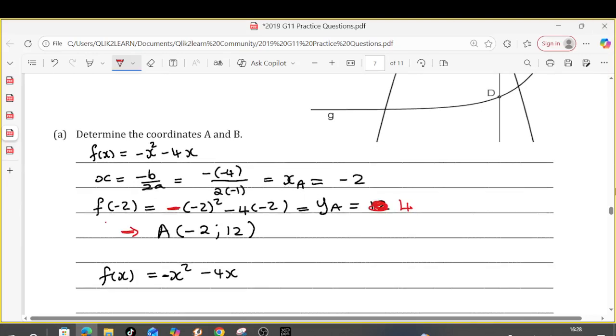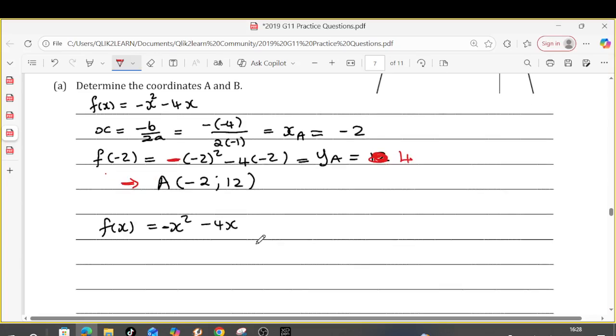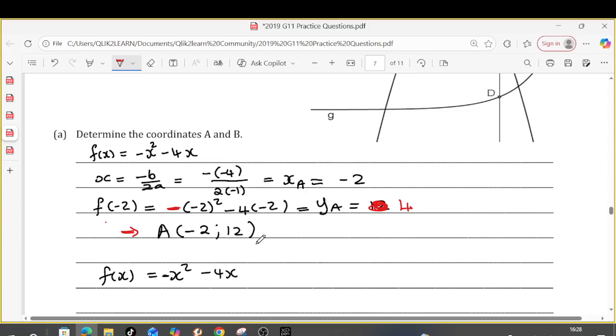Guys, what are we missing? What are we missing, guys? Minus b over 2a. The value of a, it's minus 1. The value of b, so on top we're going to have minus into, which is 4 divided by 2.